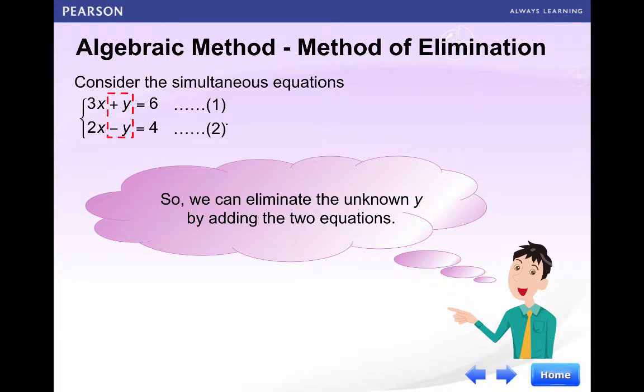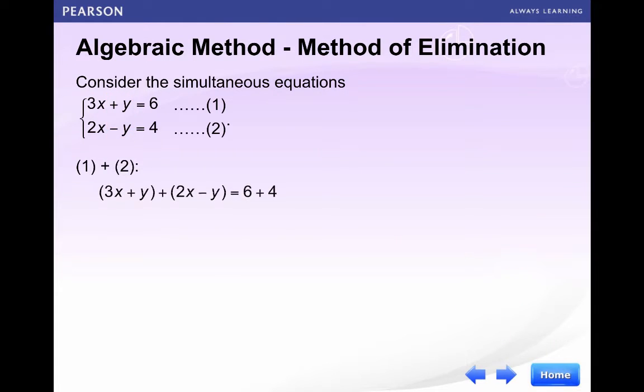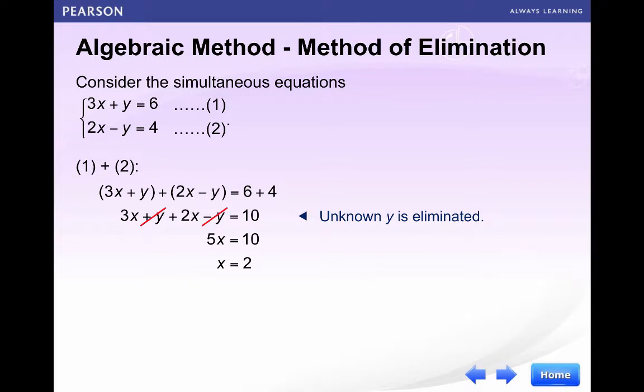We try to eliminate y by adding the two equations. Adding 1 and 2, left hand side and right hand side, the y is eliminated on the left hand side. We get 5x equals 10 and x equals 2. And we can substitute it back into either equation to find what y is.